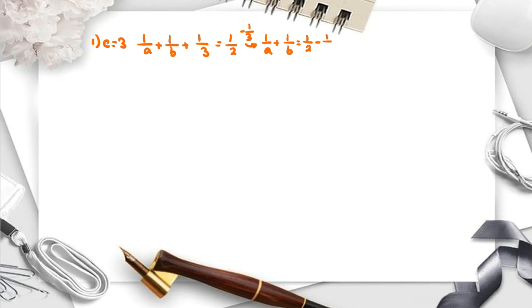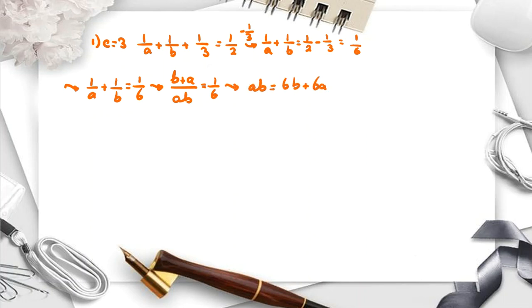So 1 over a plus 1 over b equals 1 over 2 minus 1 over 3, which is 3 minus 2 over 6, so 1 over 6. Then we can say a plus b over ab equals 1 over 6. If we cross multiply, ab equals 6b plus 6a. In the next step, we take everything to the left-hand side: ab minus 6a minus 6b equals 0.